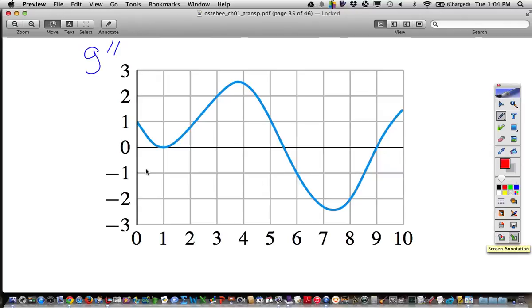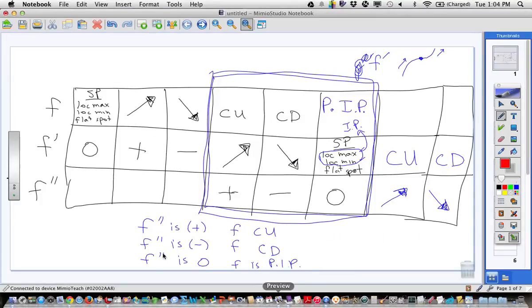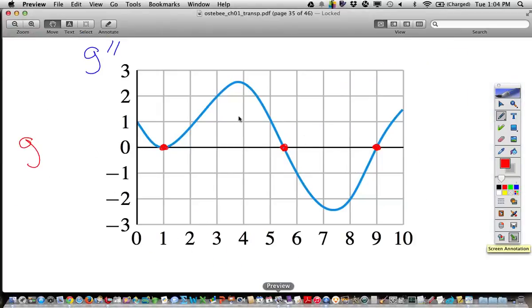Now, right? So right there, G double prime is 0. We just got done saying when G double prime is 0, we've got a possible inflection point. Okay. So, is this one an inflection point of G?